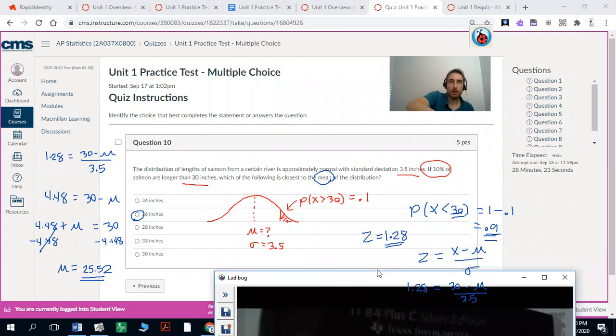Remember that the area above is equal to 1 minus the area below. So this is where the 90% comes from. Sorry, that's really sloppy.